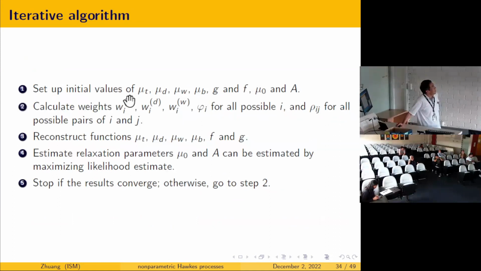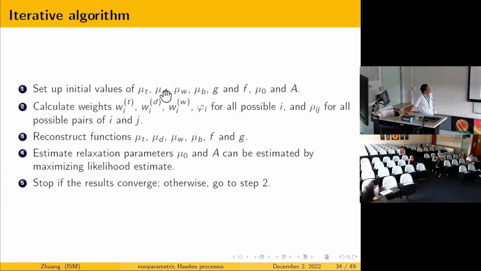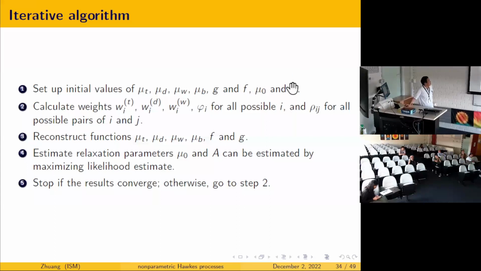We first set up initial values for all of the non-parametric functions and the relaxation coefficients, and we calculate the weight for all of the possible I and also the rho ij for all the pairs.